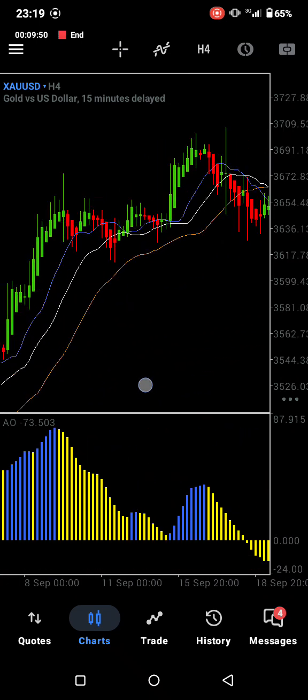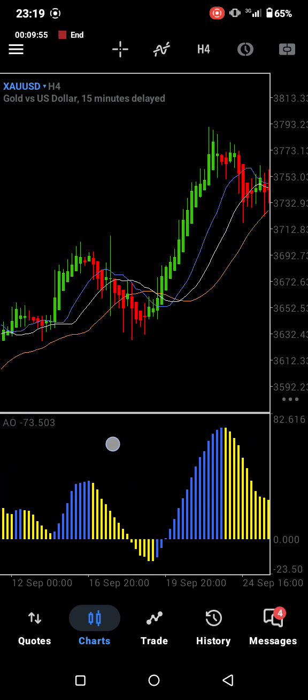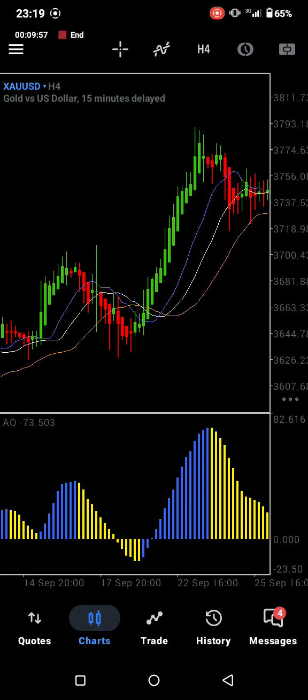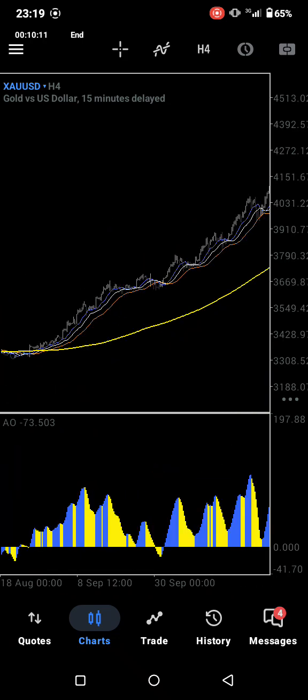You're just finding moments when the buyers stop participating and sellers take over, or sellers stop participating and buyers take over. It makes understanding the market much simpler once you understand your trend and who's participating in that trend and where they're trying to get price, right?